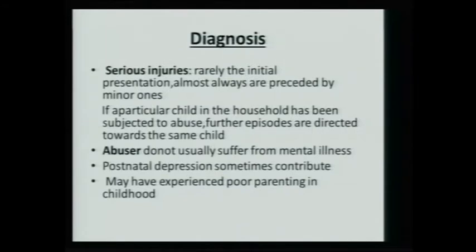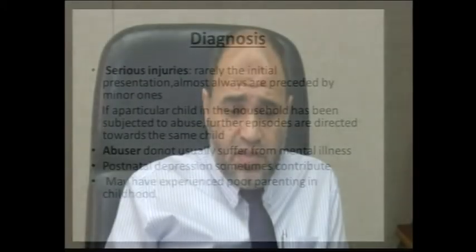Serious injuries are rarely the initial presentation. Almost always, serious injuries are preceded by minor injuries. If a particular child in the household has been subjected to abuse, further episodes are directed towards the same child.